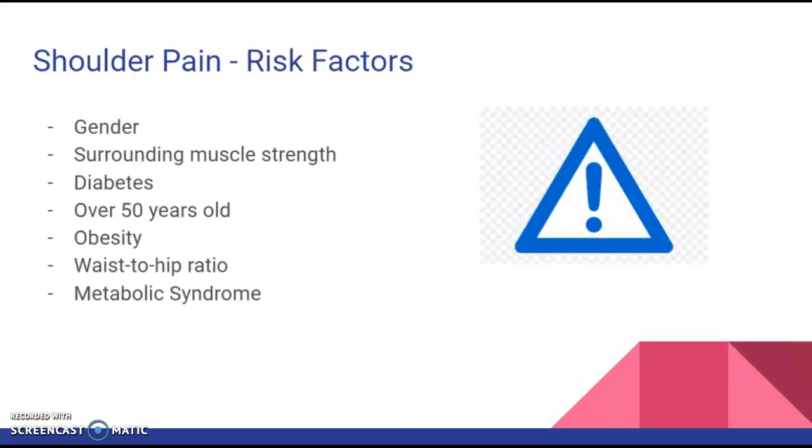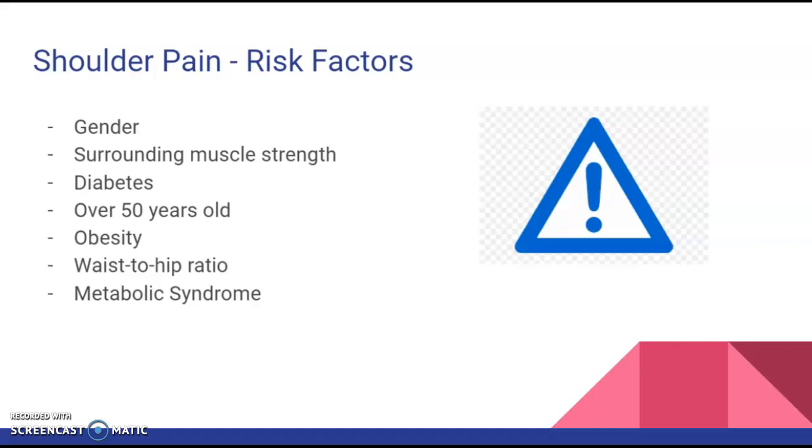So now on to risk factors, as I said above: gender, surrounding muscle strength. As we age, our amount of muscle mass just goes down, and so that support for the joint decreases a little bit and isn't able to support it as much.